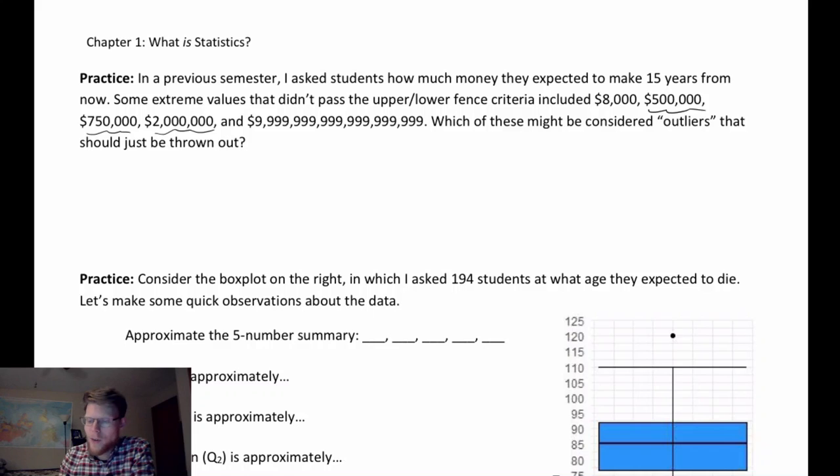Now, I don't know about you, but I think that 8,000 doesn't make a lot of sense. 8,000 seems like maybe a mistake. Maybe this person read this as monthly income instead of yearly income. That makes me think that this doesn't seem like a very reasonable answer to this question, especially for a college-educated student to say for their yearly income. 8,000.